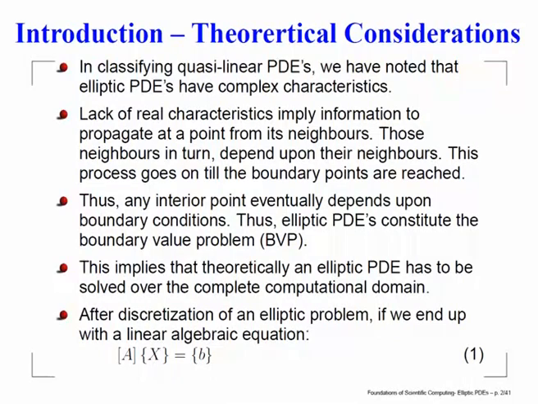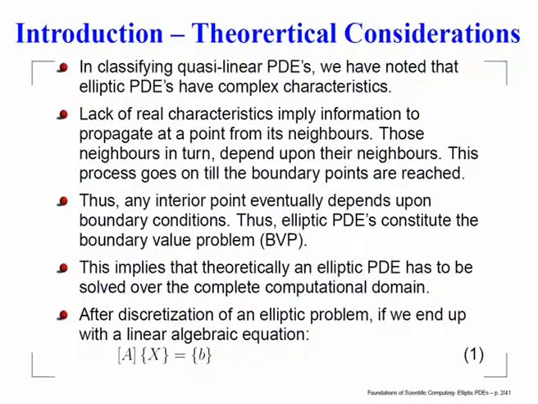Now, that also actually puts a damper on all our activity. That means that if I am trying to solve elliptic PDEs, unlike parabolic PDEs, where we knew that information propagates along t equal to constant like in the heat equation, and I could solve one timeline at a time and go forward, right.